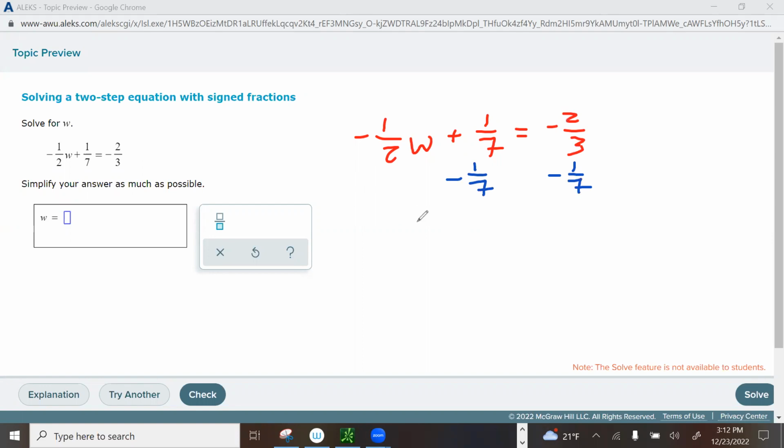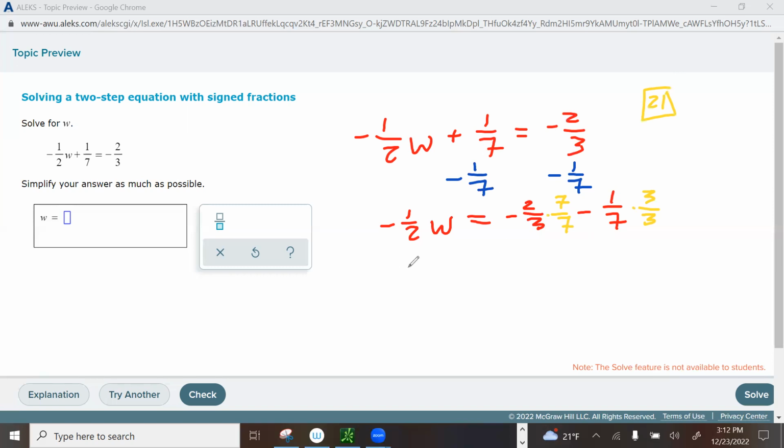Okay, so then we've got negative 2/3 minus 1/7. They don't have common denominators, so I will go get common denominators. The least common denominator is going to be 21. So I'll multiply the first fraction by 7 over 7 and the second by 3 over 3.